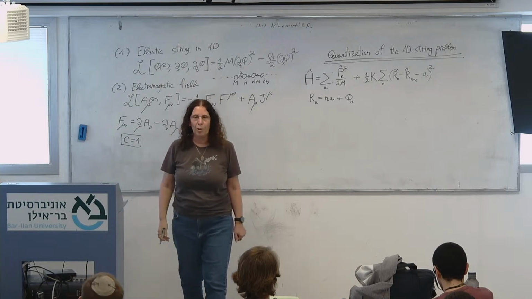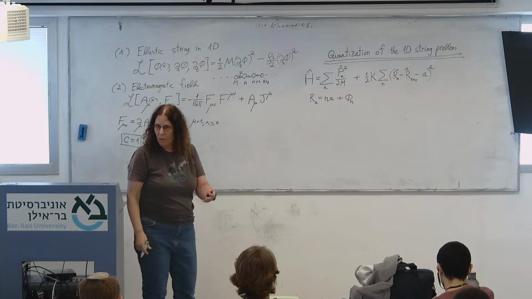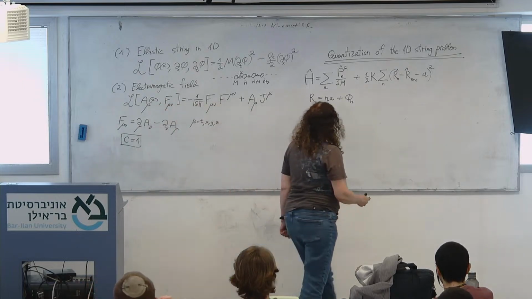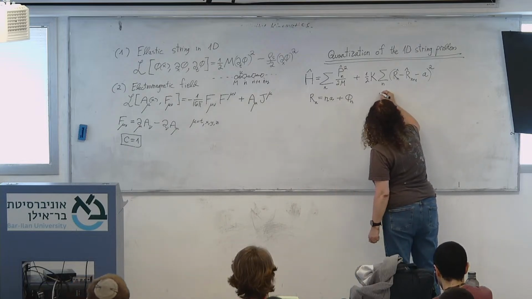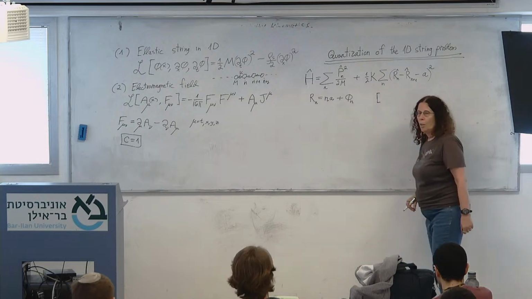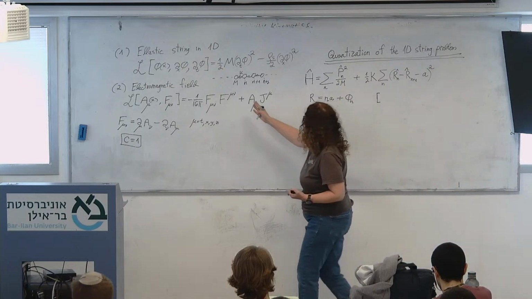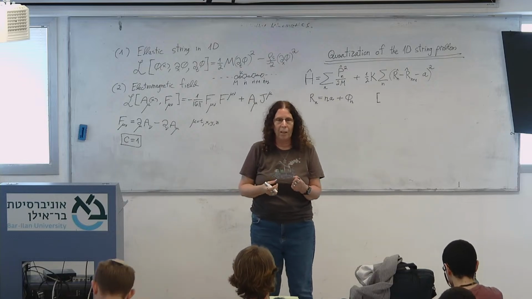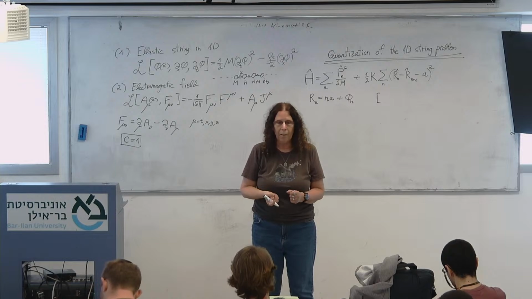Once I do this, P hat and R hat are now quantum operators. And what I know about them is that for each particle, if we start from the original masses, the corresponding Pn and Rn obey canonical commutators, right?